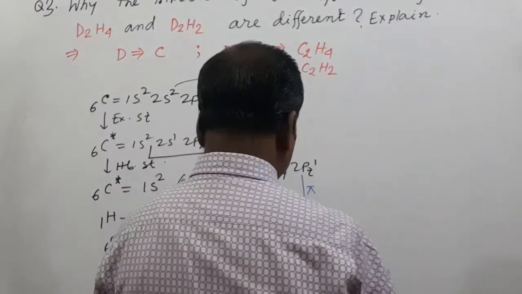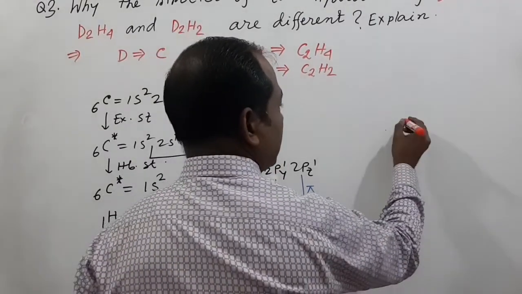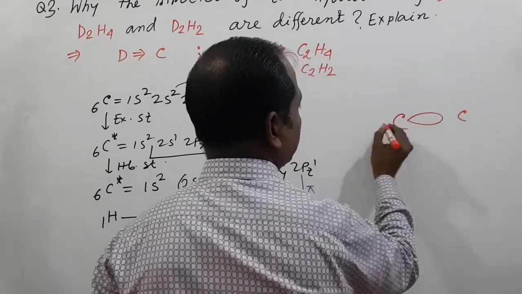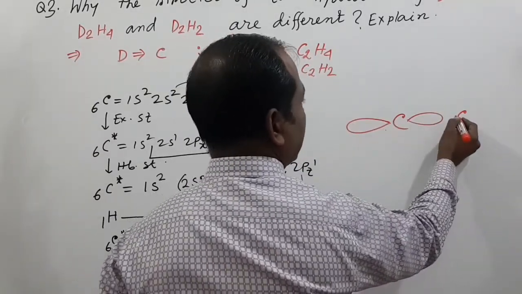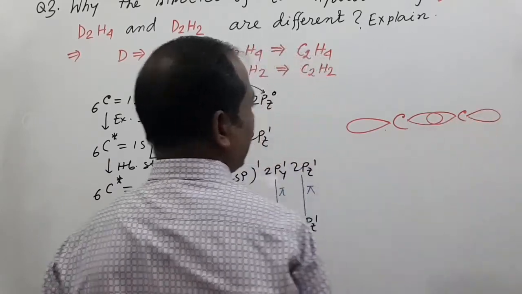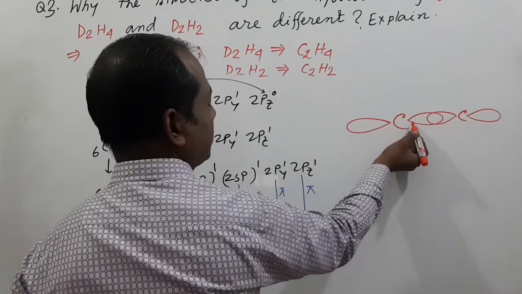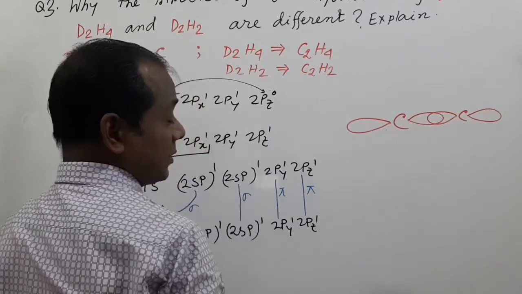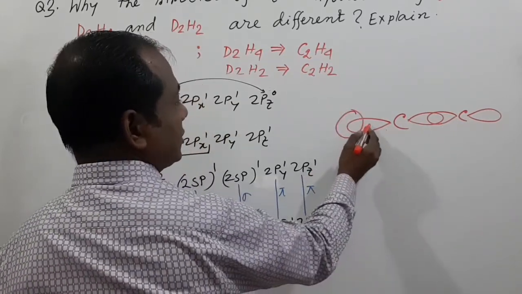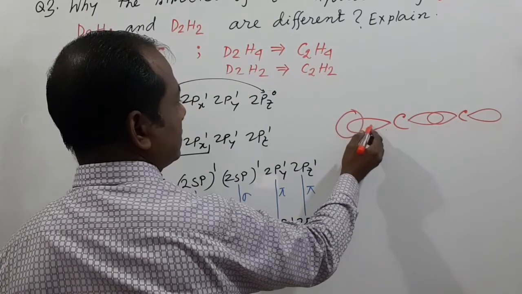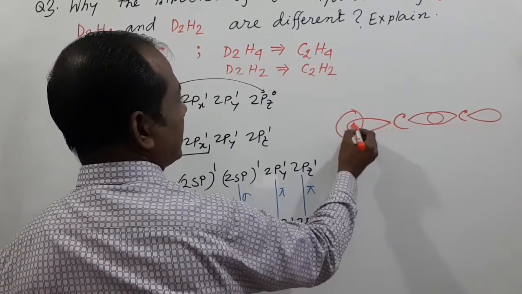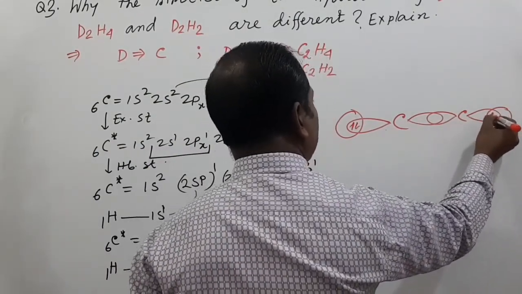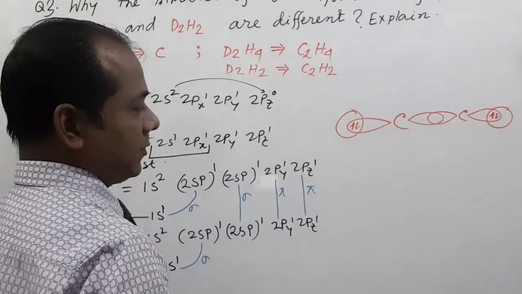Now we write the structure of this molecule. Here 2 central carbon atoms are present. This is one sp hybrid orbital of this carbon, and another sp hybrid orbital of this carbon, and these overlap. One sp hybrid orbital of carbon overlaps with the 1s1 orbital of hydrogen, and another sp hybrid orbital of the other carbon overlaps with the 1s1 orbital of hydrogen.